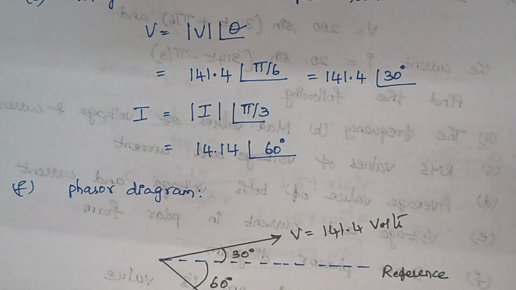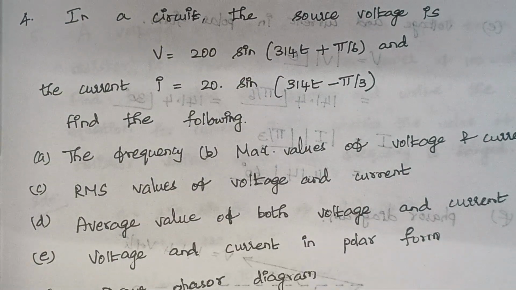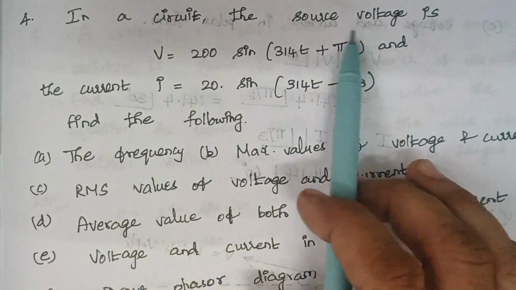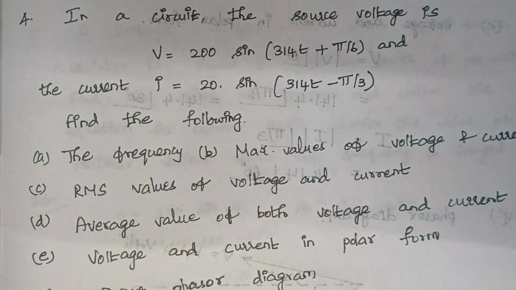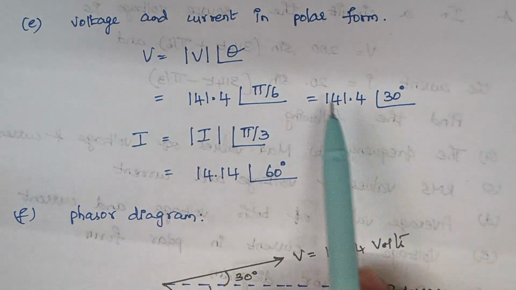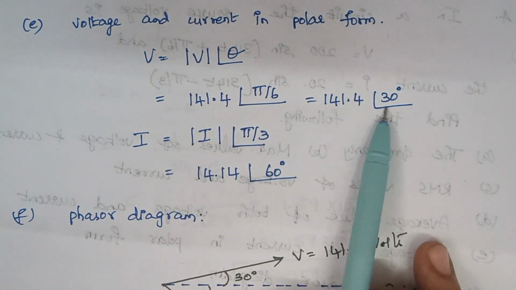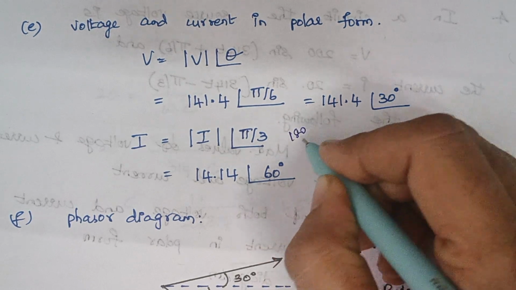Next we need to write the angles. From the problem, voltage has an angle of plus pi by 6 and current has an angle of minus pi by 3. Pi by 6 is 30 degrees and pi by 3 is 60 degrees, substituting the value of pi as 180.